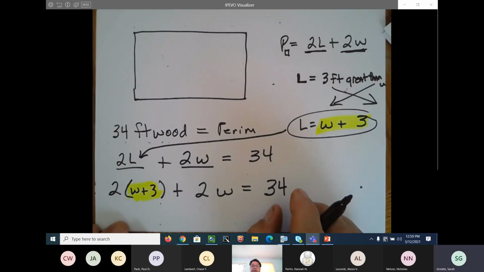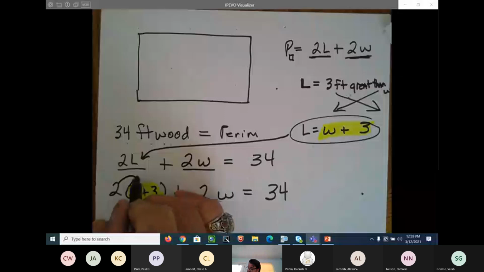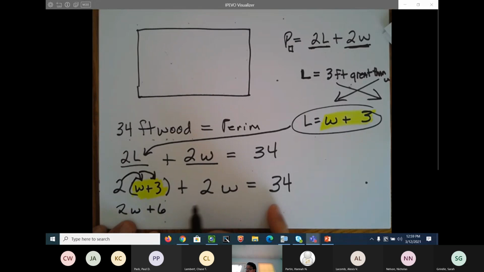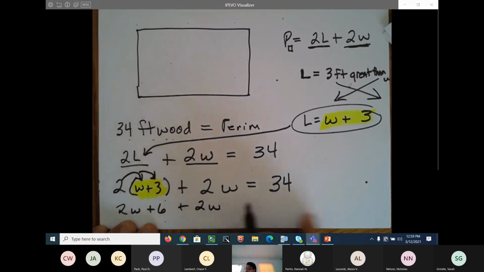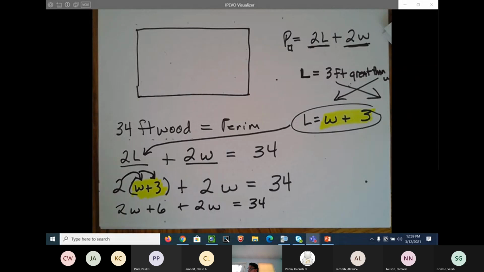So anyway, 2W plus 6 plus 2W is equal to 34. And I'm going to go over here.